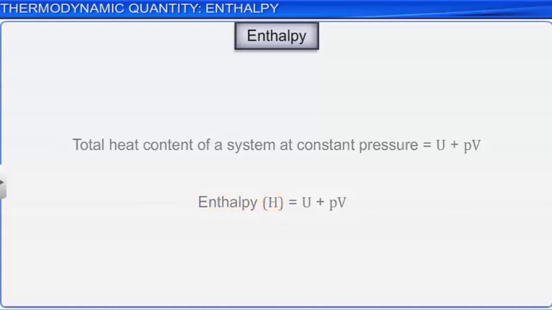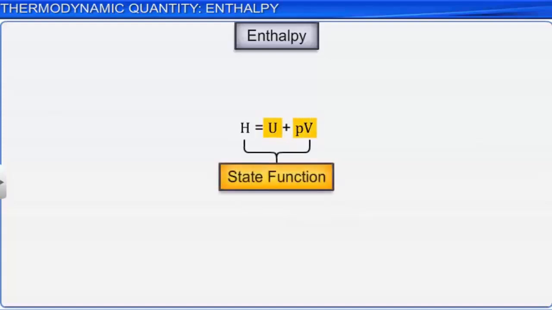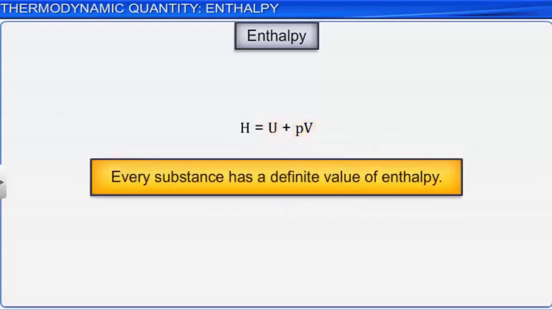Note that enthalpy is also called heat content. Enthalpy, which depends on the three state functions, internal energy, pressure, and volume, is also a state function. Every substance has a definite value of enthalpy. Like internal energy, enthalpy of a substance cannot be measured.